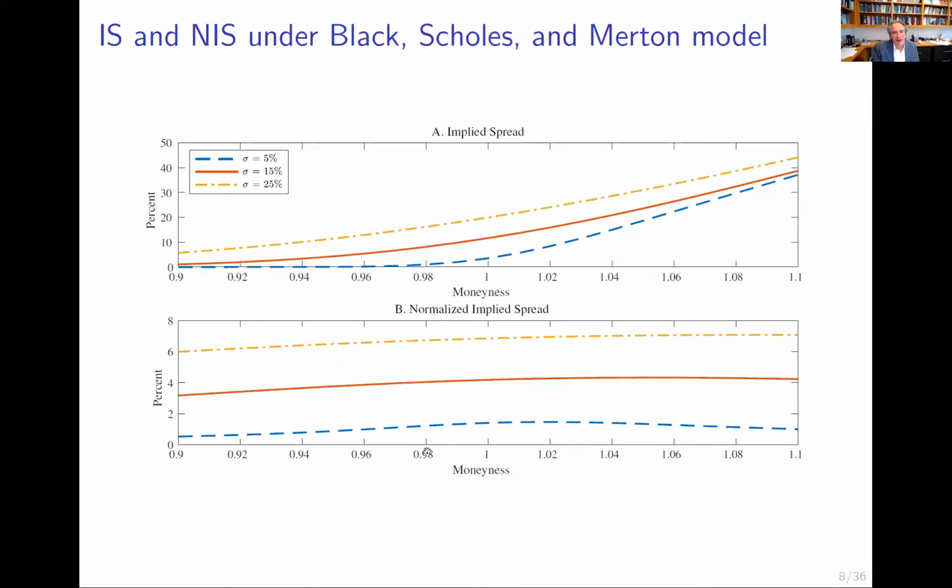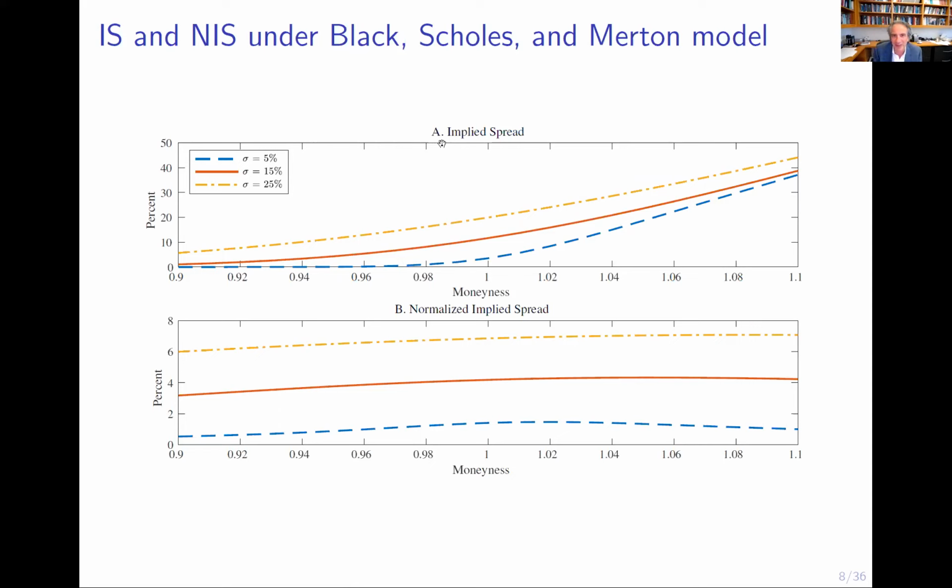One question that is important in order to understand these measures is, what do they look like in standard models? So here's a couple of plots. You have the Black-Scholes-Merton model, the standard one that we all teach to undergraduates and MBA students. And you see that there's nothing really to see. The higher the volatility, the higher is going to be the implied spread.